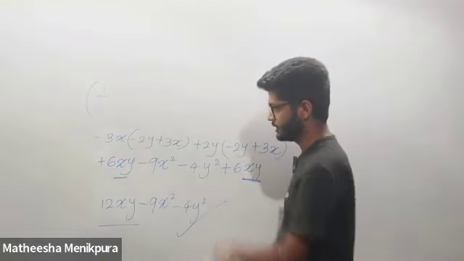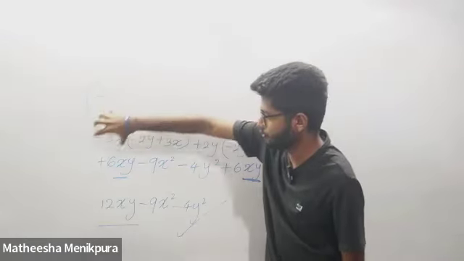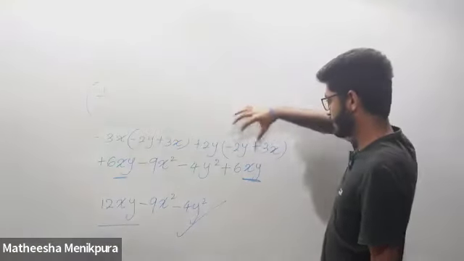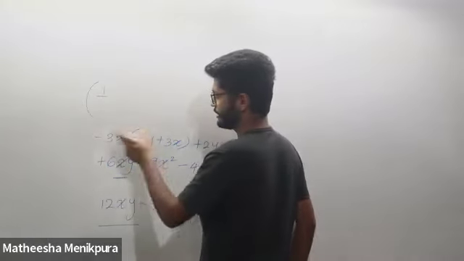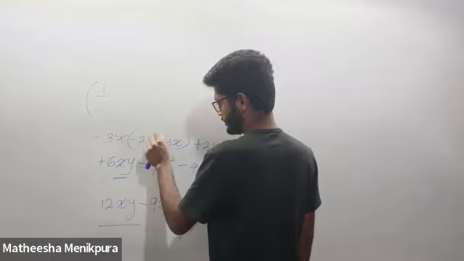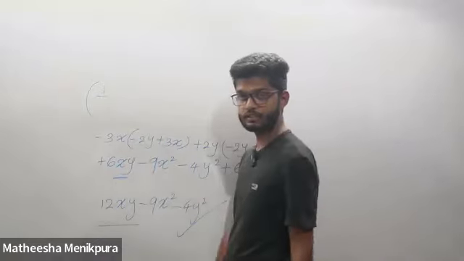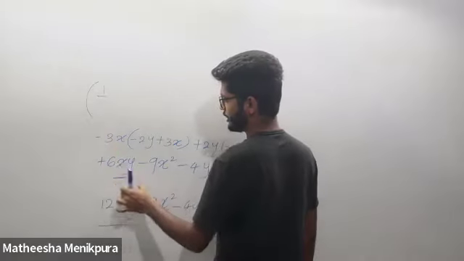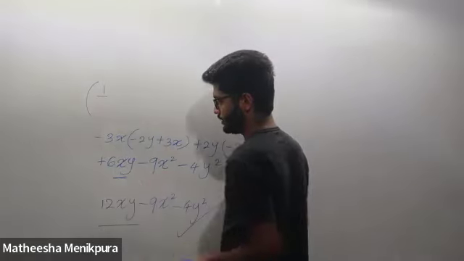Now we have to remove these brackets. How to remove the brackets? Multiply each and every term inside the bracket with the term outside. When multiplying these algebraic expressions, first we multiply the coefficients, the numbers in front of the algebraic terms, and then the algebraic parts. Here minus 3 into minus 2 is plus 6, x into y is xy.